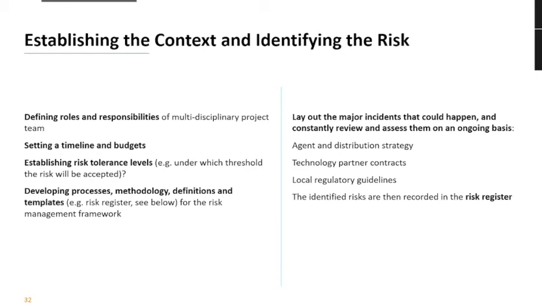And then we have to identify the risk. So we have to lay out the major incidents that could happen and constantly review and assess them on an ongoing basis.